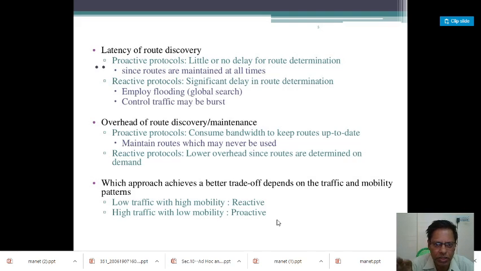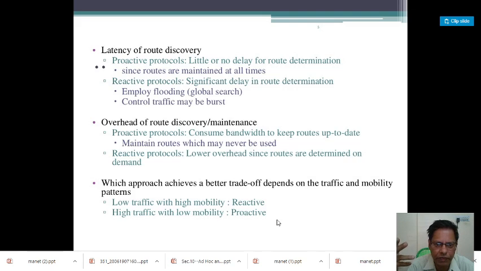Reactive protocols have significant delay in route determination and employ flooding and global search. Flooding increases the number of packets sent, and control traffic may burst if the flooding is overloaded, since there is no control over the traffic.